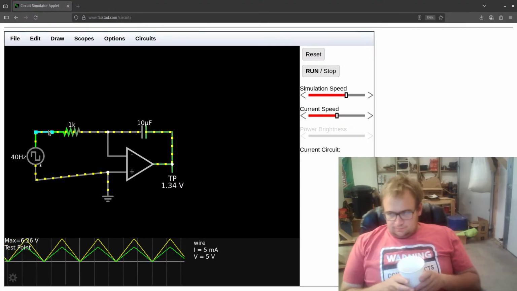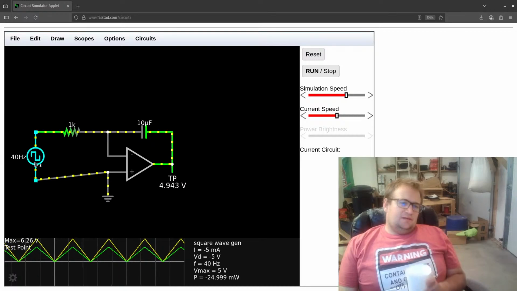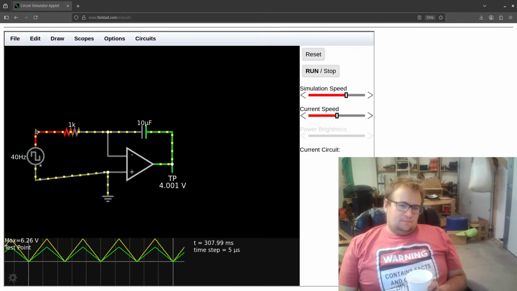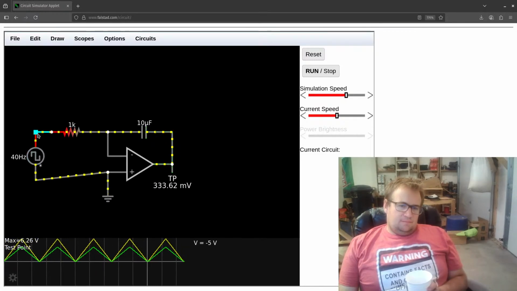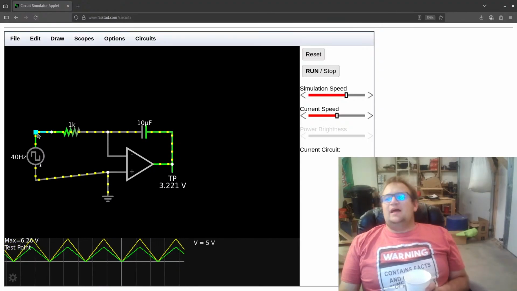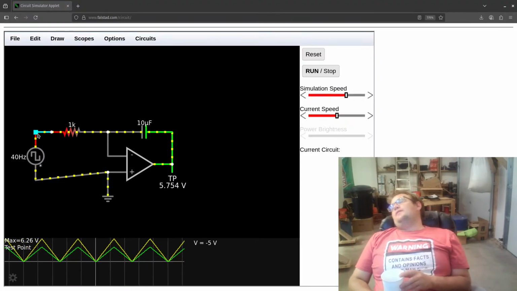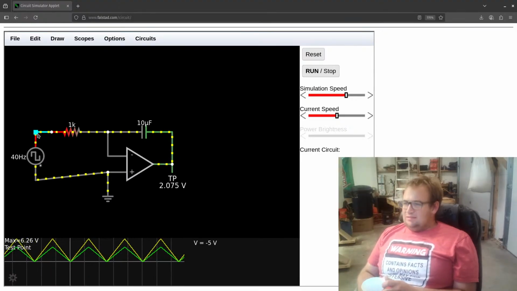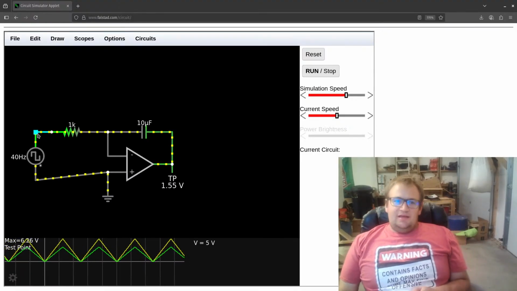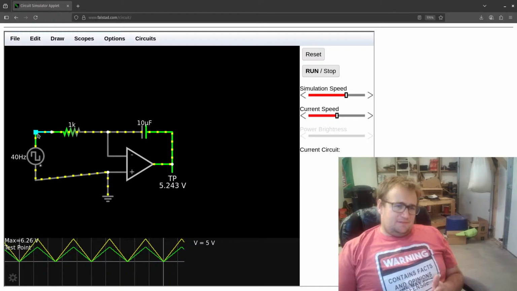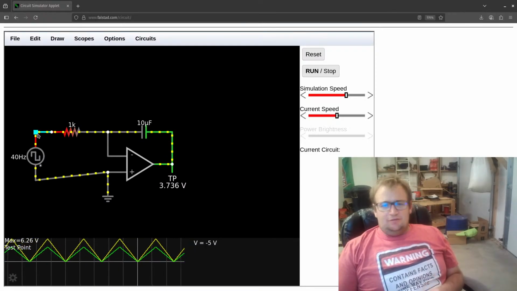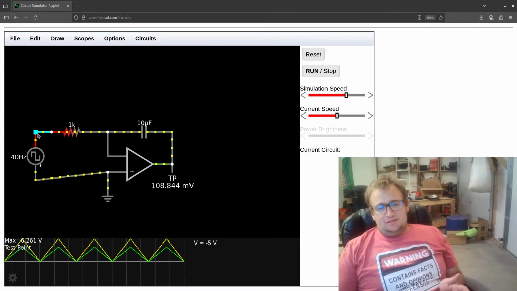Okay. Oh wait, yeah. So I shouldn't think of it that way. Okay, that's a better way to explain it, I think. I was thinking of a sawtooth, but we're generating basically a sawtooth right now.